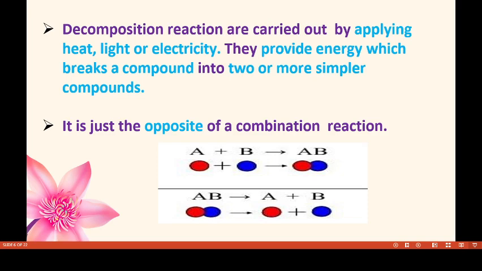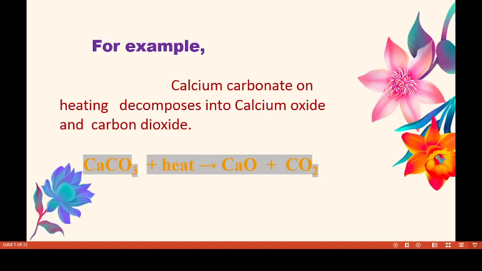So see this reaction. Let's take this example: calcium carbonate on heating decomposes into calcium oxide and carbon dioxide. So the calcium carbonate reacts with heat and gives calcium oxide and carbon dioxide.